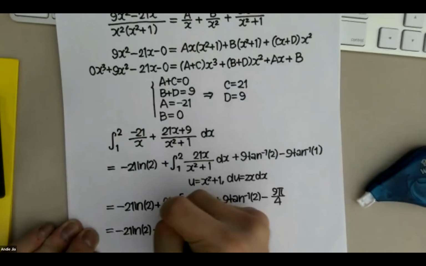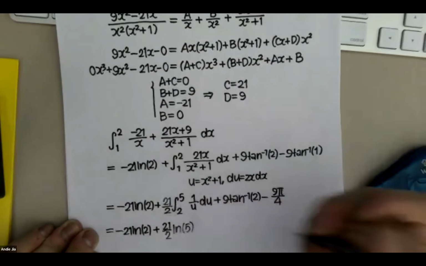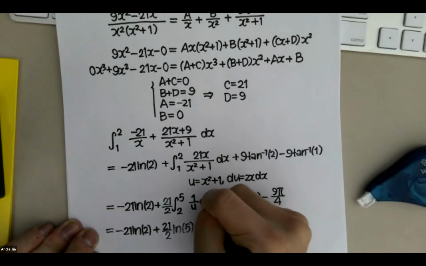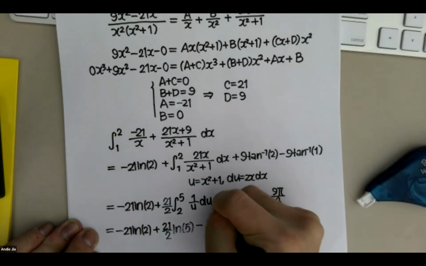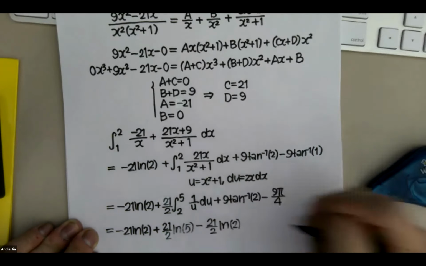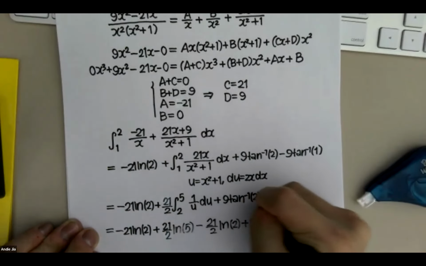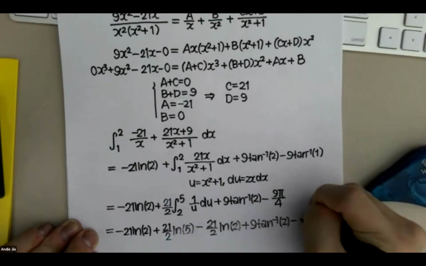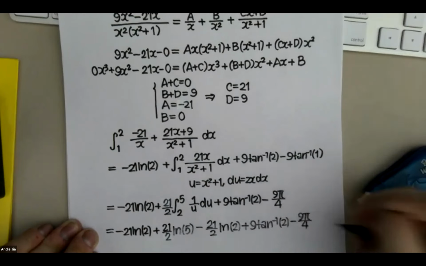And it's going to be natural log of 5 and minus 21 over 2 natural log of 2, then plus 9 arctangent of x over 2, then 9 pi over 4.